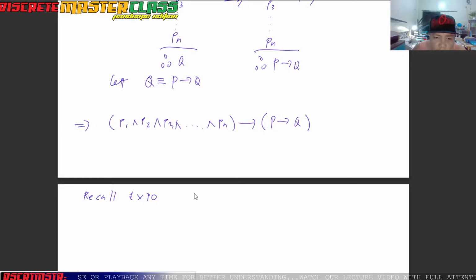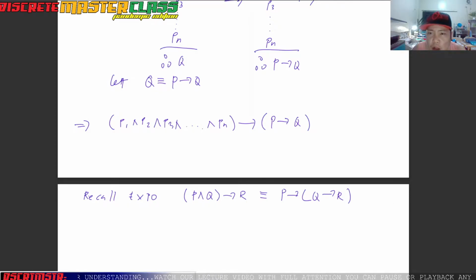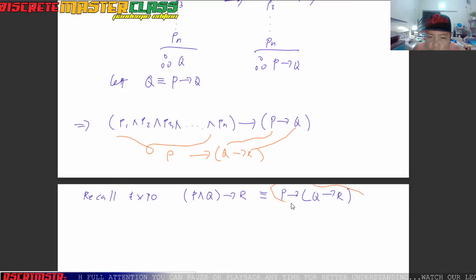Ang sabi ni expo, kapag meron kang P and Q implies R, pwede mong palitan yan ng P implies Q implies R. Ngayon, kung mapapansin mo, if we consider this whole premise as your P, tapos implies, let's say this is your Q implies R. So, ito yung P, ito yung Q, ito yung R. Eksakto.